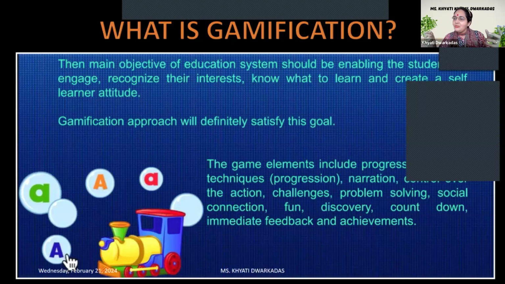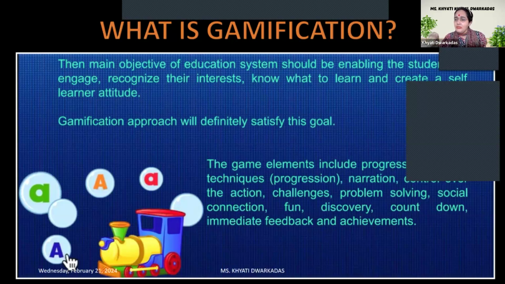Then the countdown to the game. You know, it's like sitting on a KBC hot seat and playing a game. Not that you're going to become a crorepati by playing a game created by your teachers, but the fact that your teacher created a game and kept you engrossed in the learning process is very, very important.